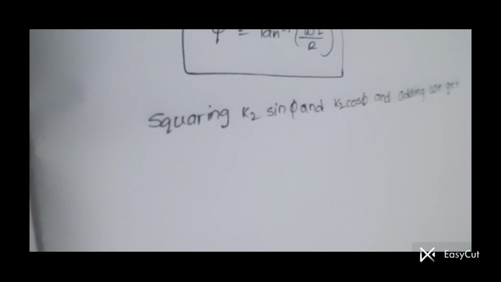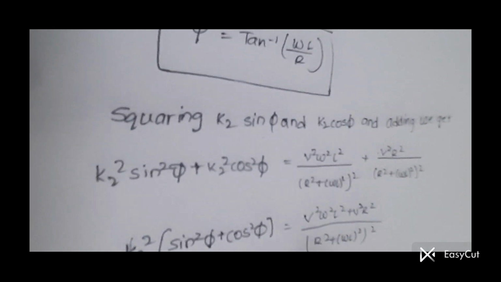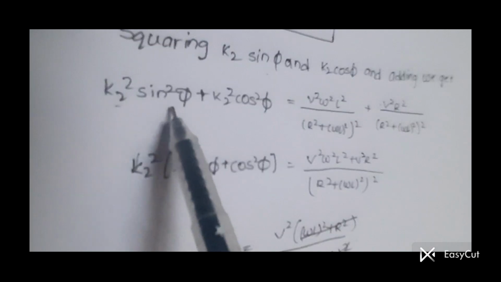Now squaring K2 sin phi and K2 cos phi and adding, we get K2 square sin square phi plus K2 square cos square phi equals V square omega square L square by R square plus omega L whole square, plus V square R square by R square plus omega L whole square, whole square.